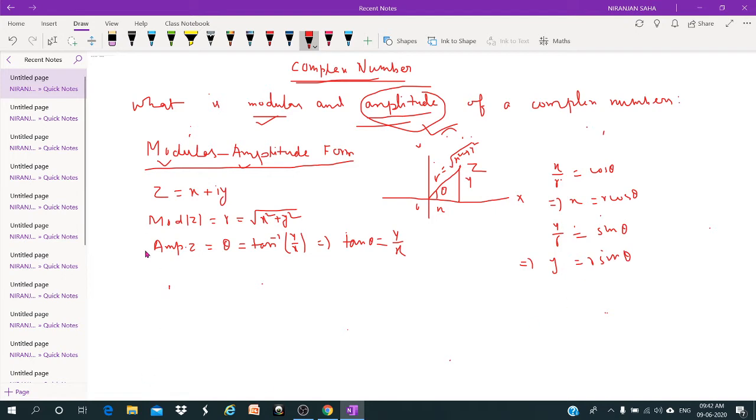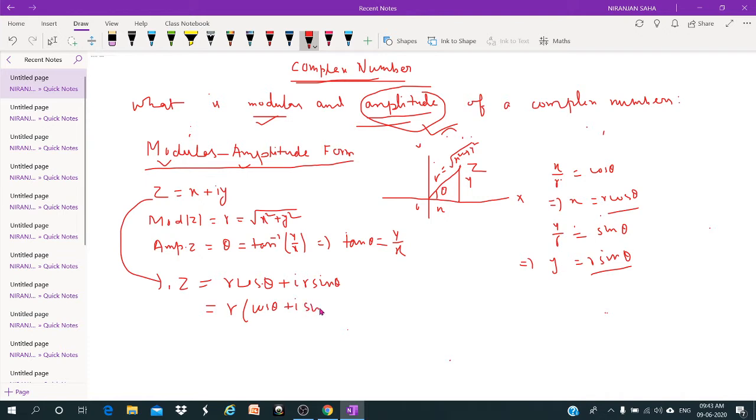Now if we put these values, z transforms into the modulus amplitude form. It will be x equal to r cos theta and y equal to r sin theta, and so r cos theta plus iota r sin theta. Take r common, then it will be r into cos theta plus iota sin theta.